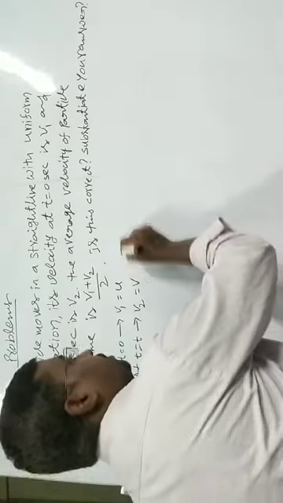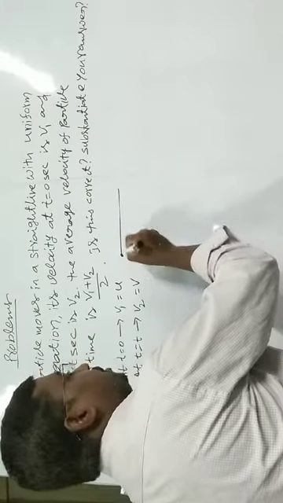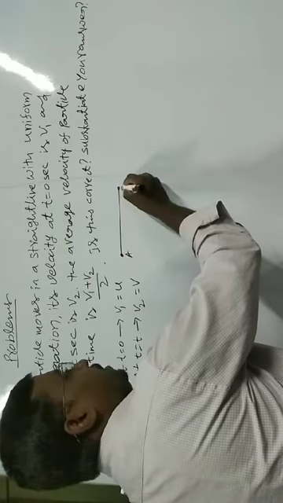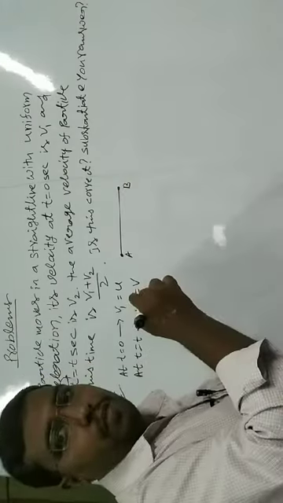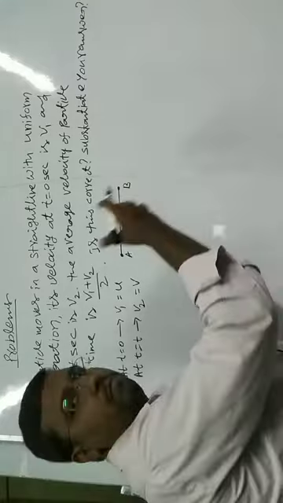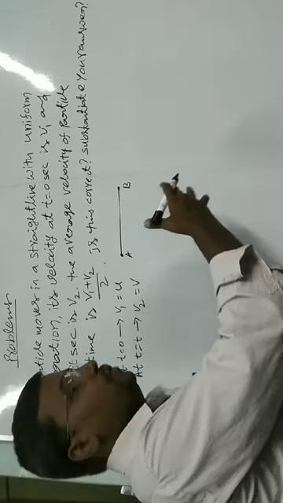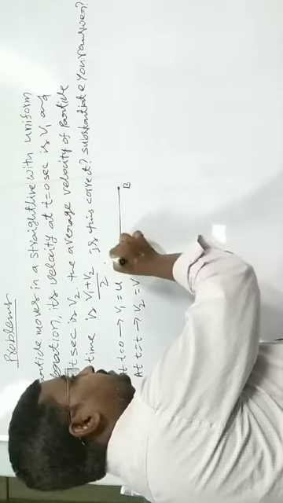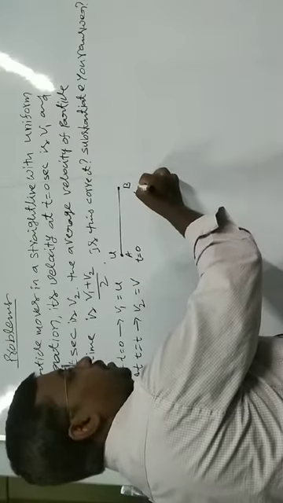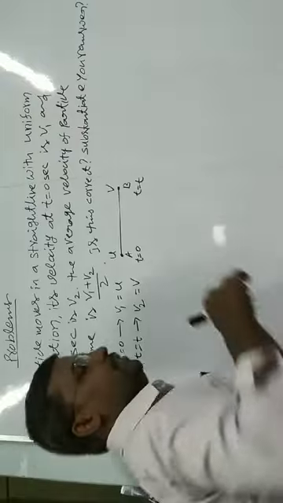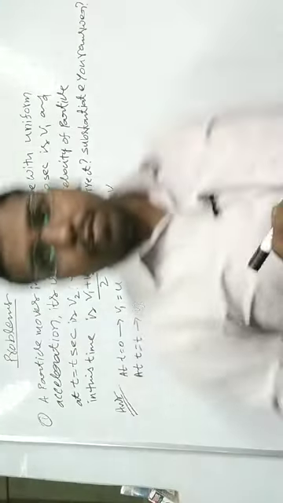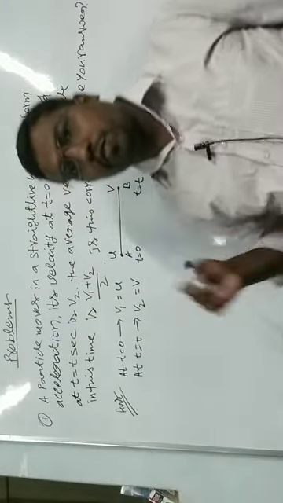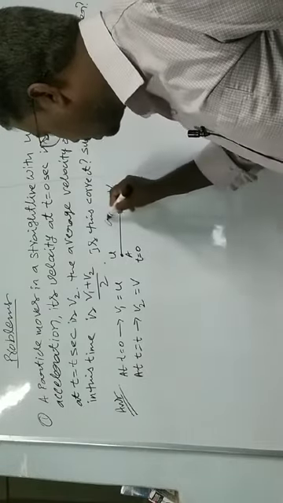We represent a starting point A and some other point B. At A, t is equal to 0 seconds, its velocity is u, and at t seconds, its velocity is v. It moves with uniform acceleration.